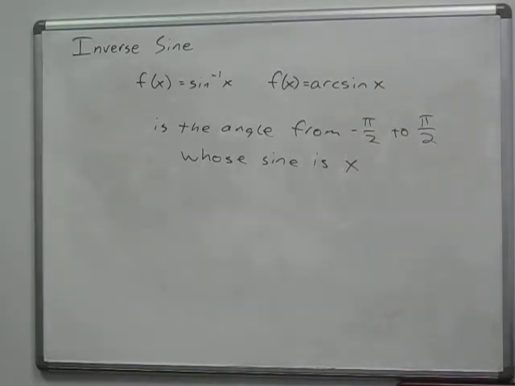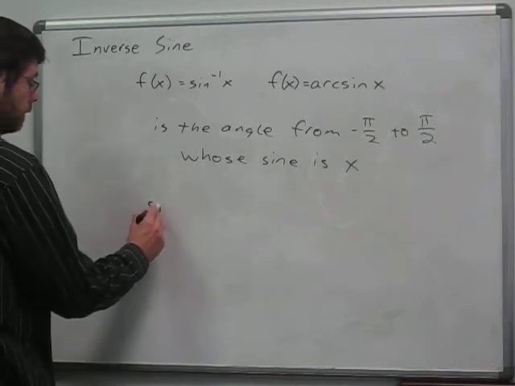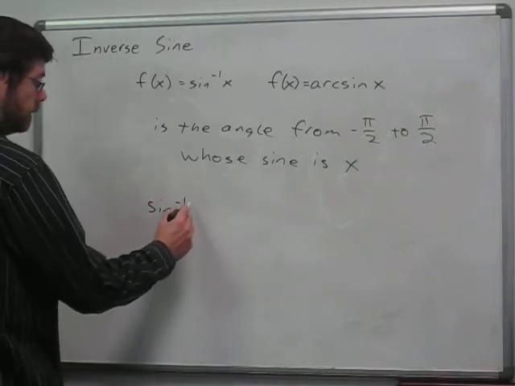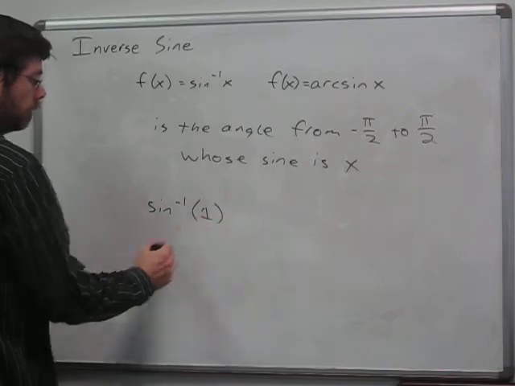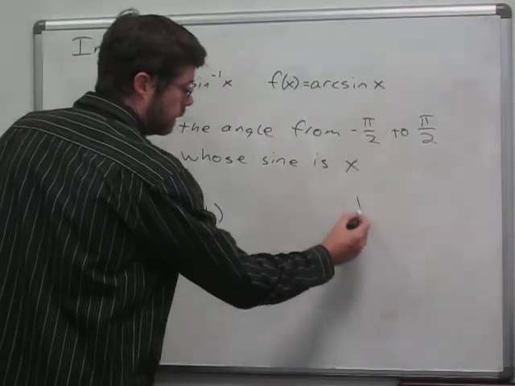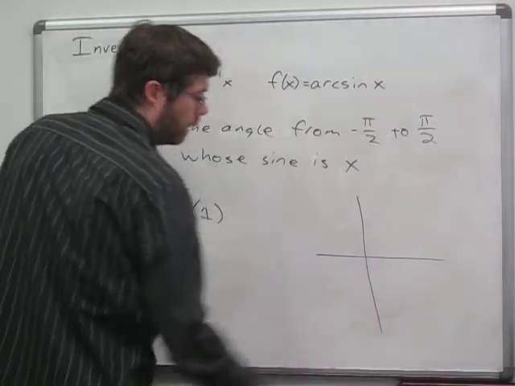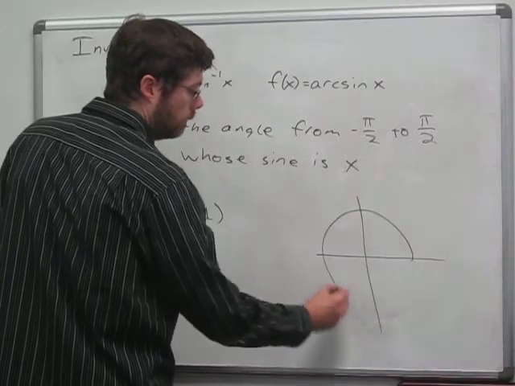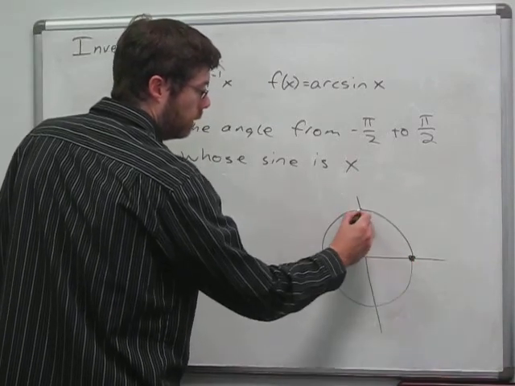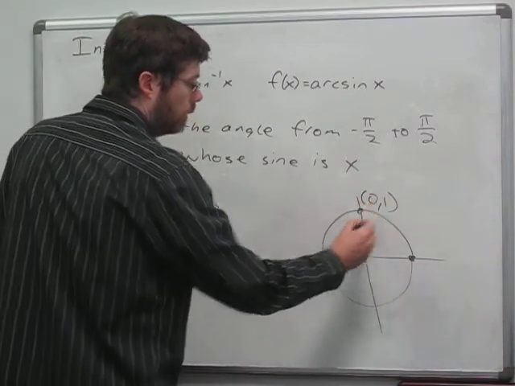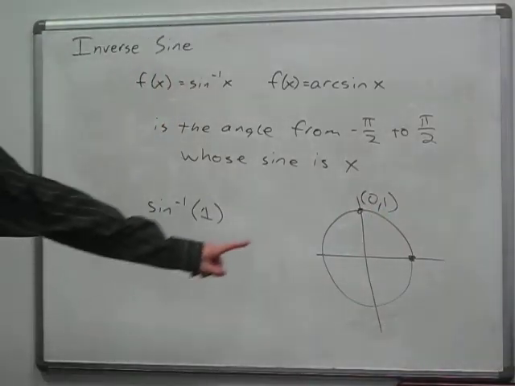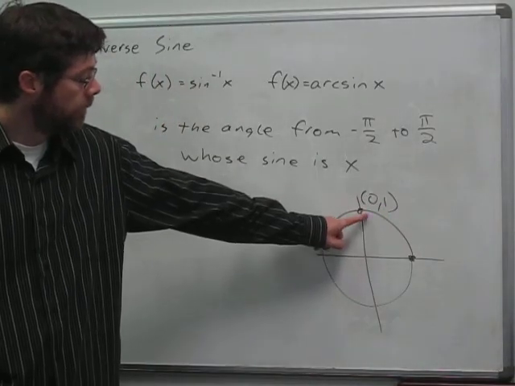Okay. So let's take a look. For instance, sine inverse of 1, right? Well, let's think about our unit circle. The sine of x is equal to 1 at the top, right?